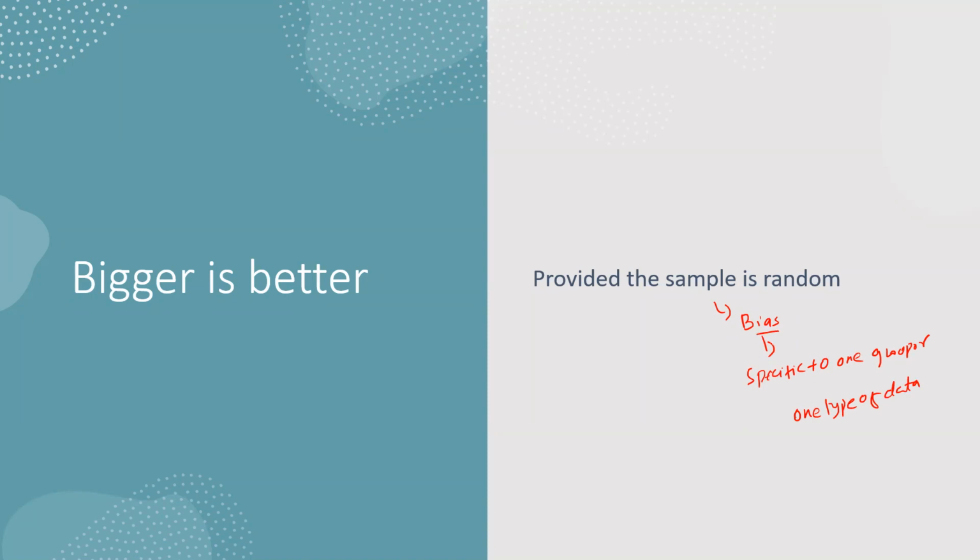So we should not have any high bias in our data. Random samples should be as random as possible, and the data size should be huge, then that is more preferable.